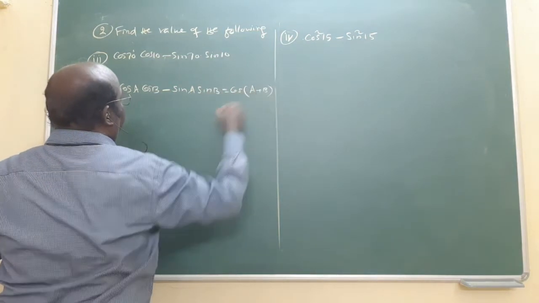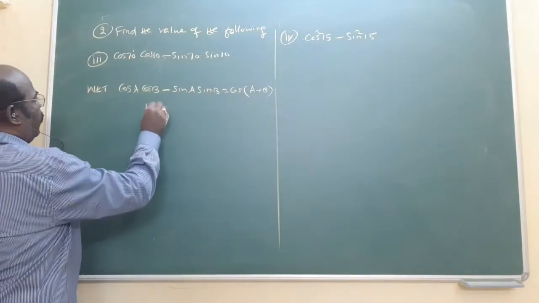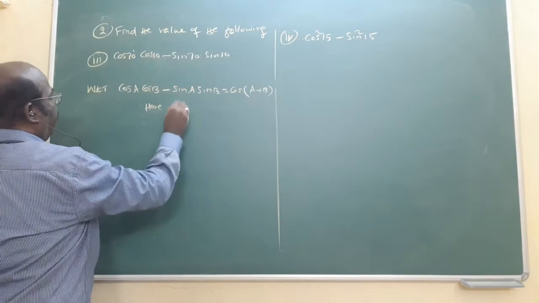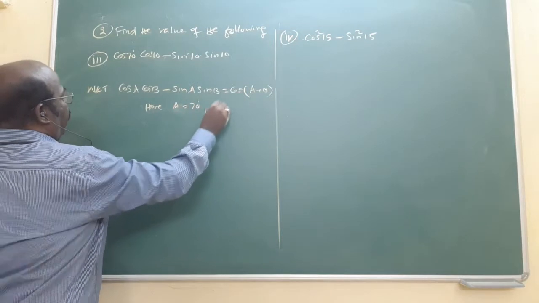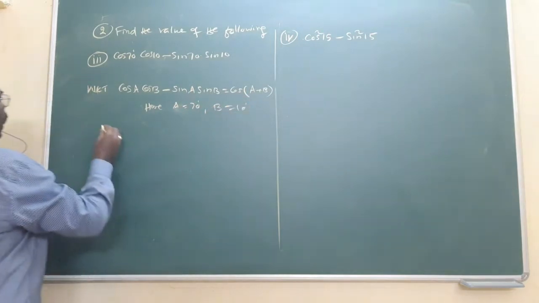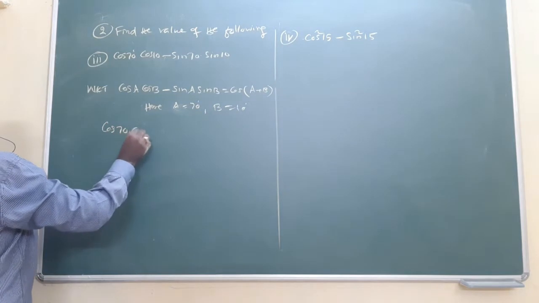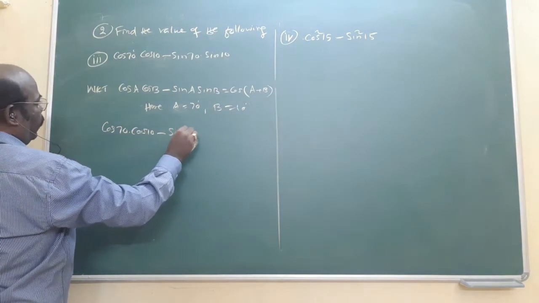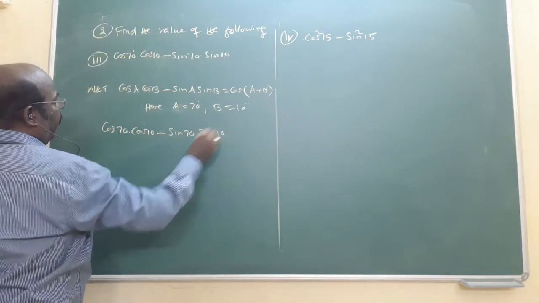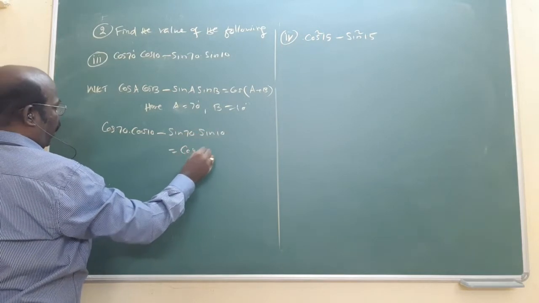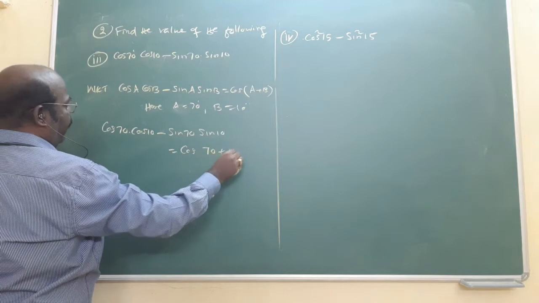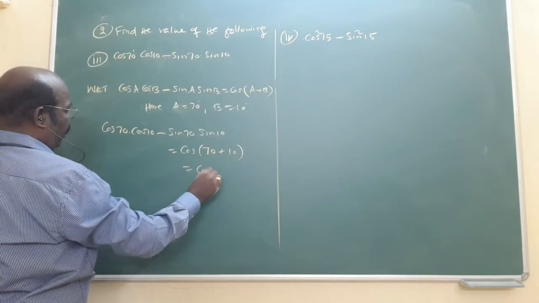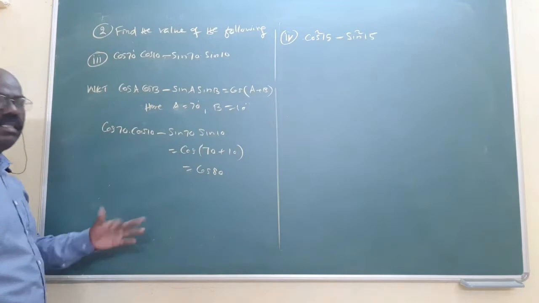Okay, A is 70 degree, B is 10 degree. Now write the question: cos 70 cos 10 minus sin 70 sin 10 is equal to cos of 70 plus 10, which is cos 80. That's all, this is the answer.